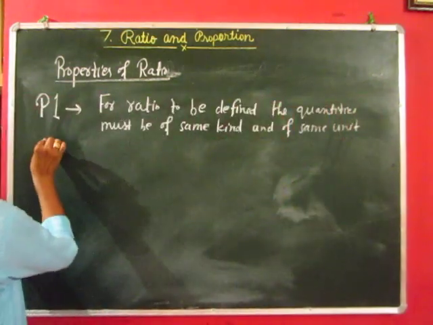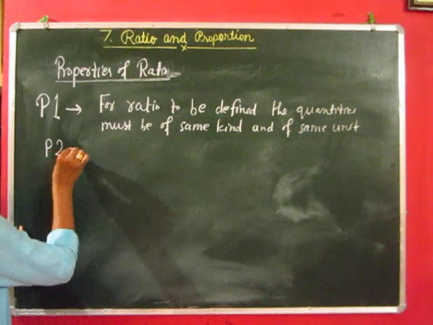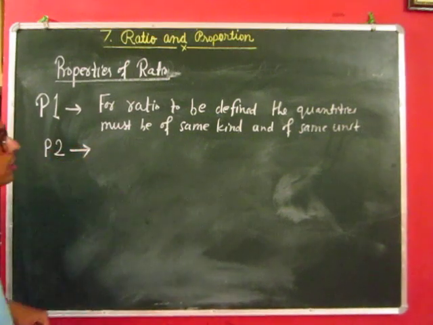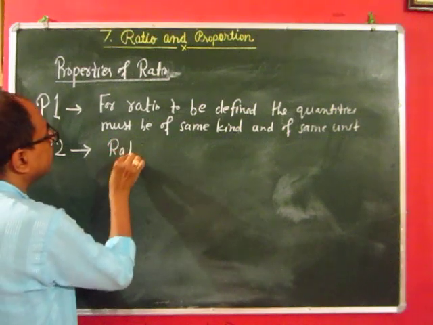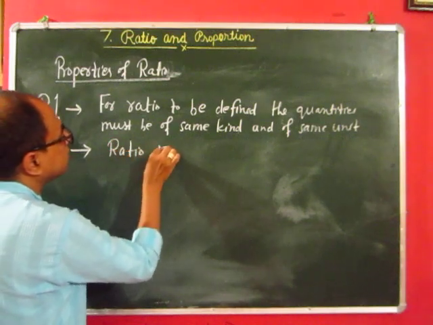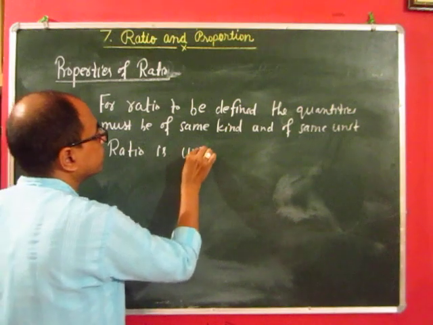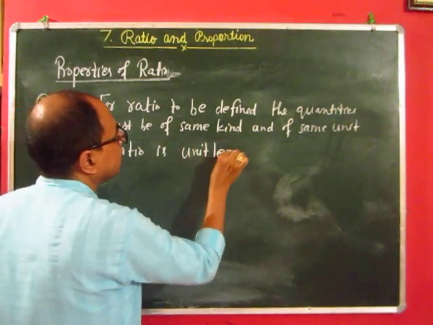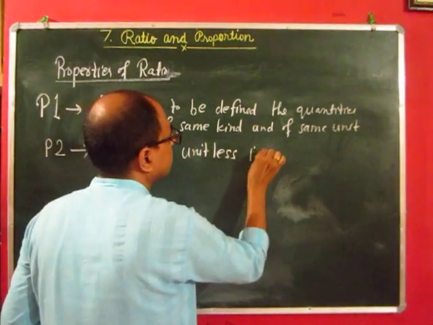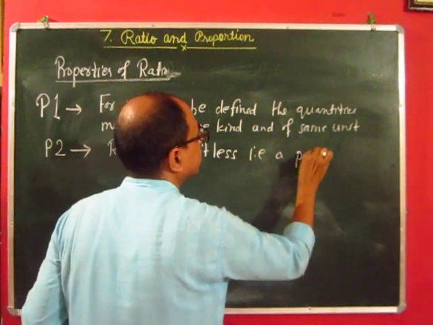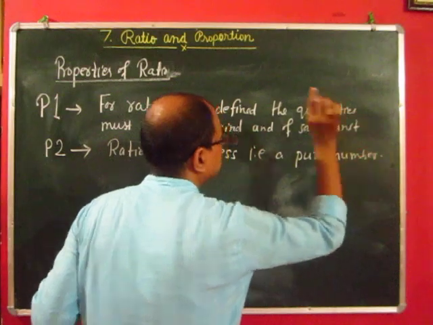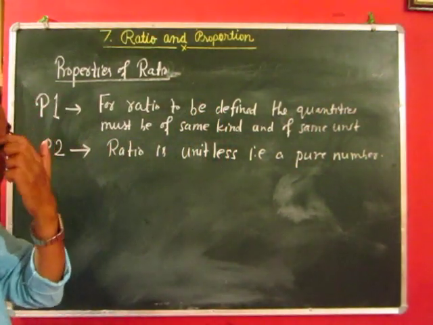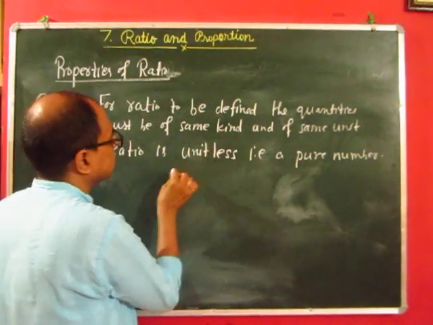Now the second property. Property 2: ratio is unitless. It is a pure number. This is just by simple observation.